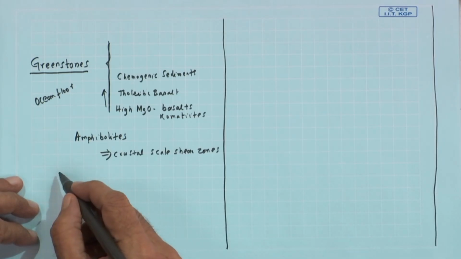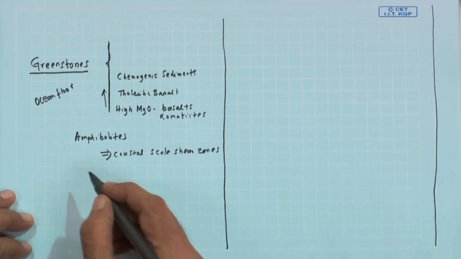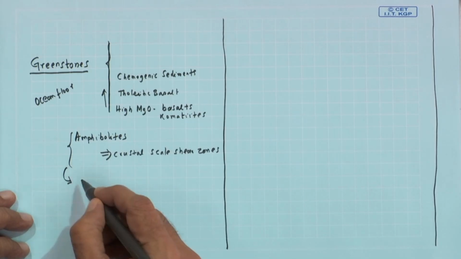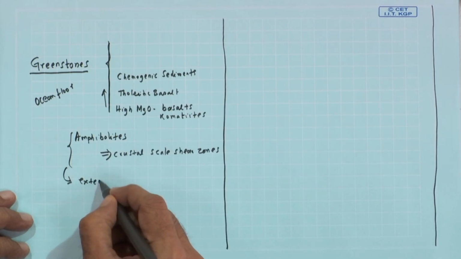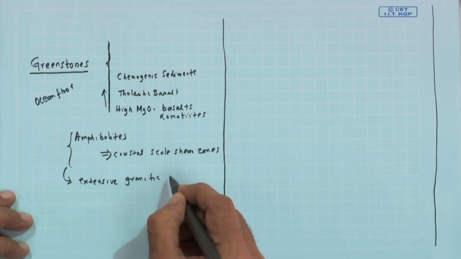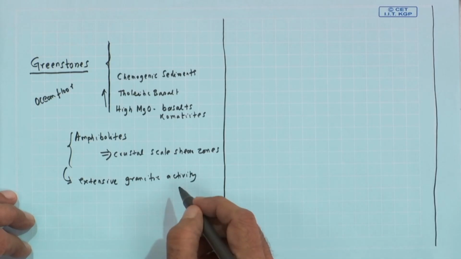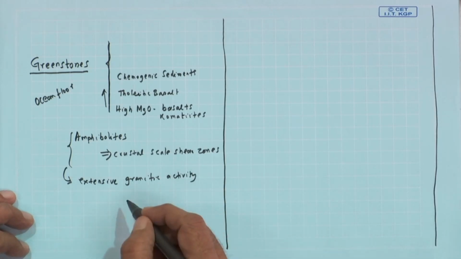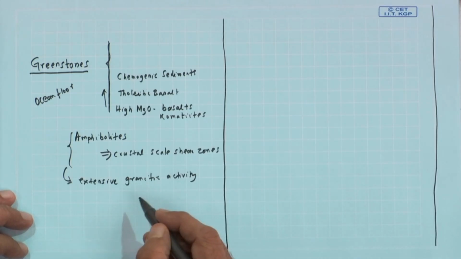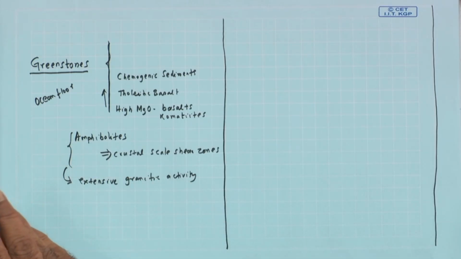and these terrains are understood to have evolved through a series of deformation episodes, almost 4 to 5 such episodes, and these terrains have one thing in common, that there is extensive granitic activity, and it does overlap in time with this period of metamorphism and the mineralization, and that is how the name granite greenstone terrain arises.